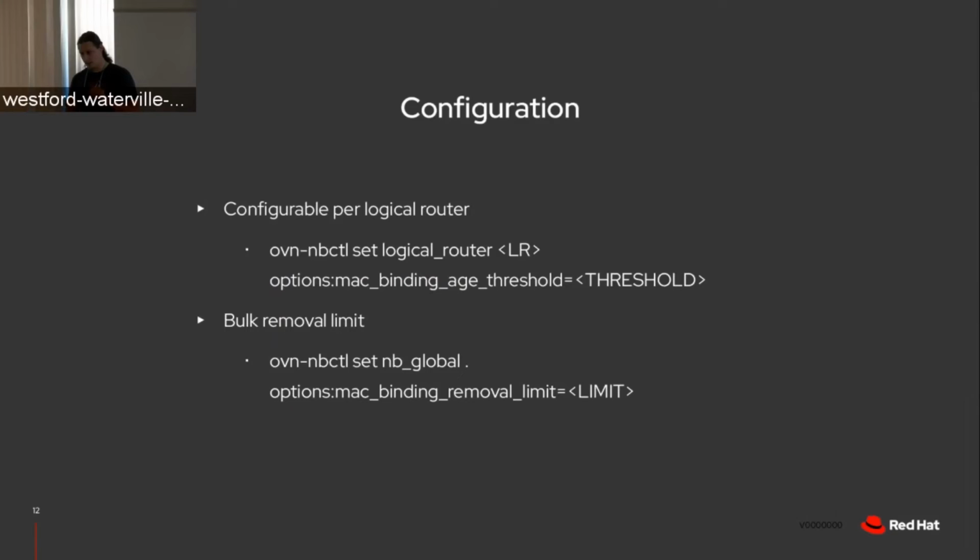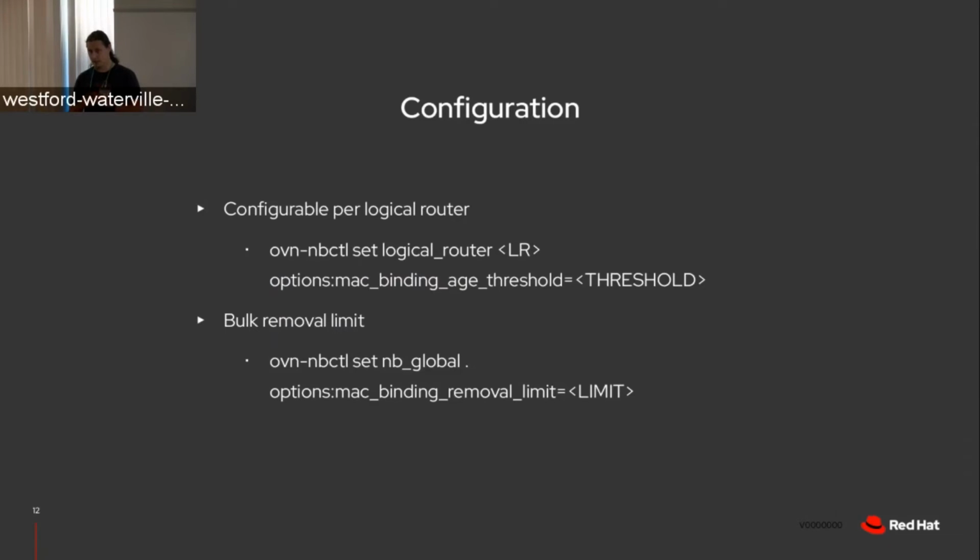We said, okay, it might be even more useful to configure it per logical router instead of globally, because for some routers you might know that the topology is fixed enough that there won't be any changes, and you want to keep those MAC bindings forever, basically. So we made a configuration per logical router. You can configure the threshold, and the threshold is configurable in seconds. The MAC binding aging can be disabled and is disabled by default, so you don't have to worry that if you upgrade you will start losing your MAC bindings.